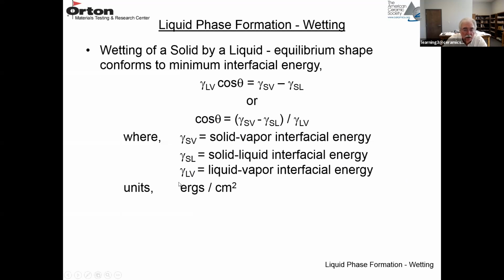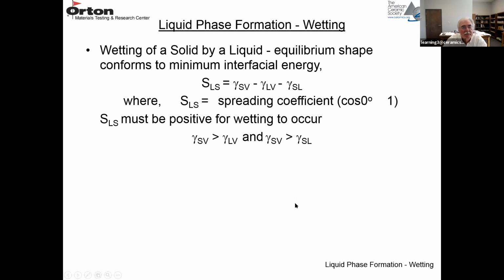All of these interfacial energies have the units of ergs per square centimeter. So the equilibrium shape in this situation conforms to the minimum interfacial energy. And another way of looking at this is defining what's called the spreading coefficient.